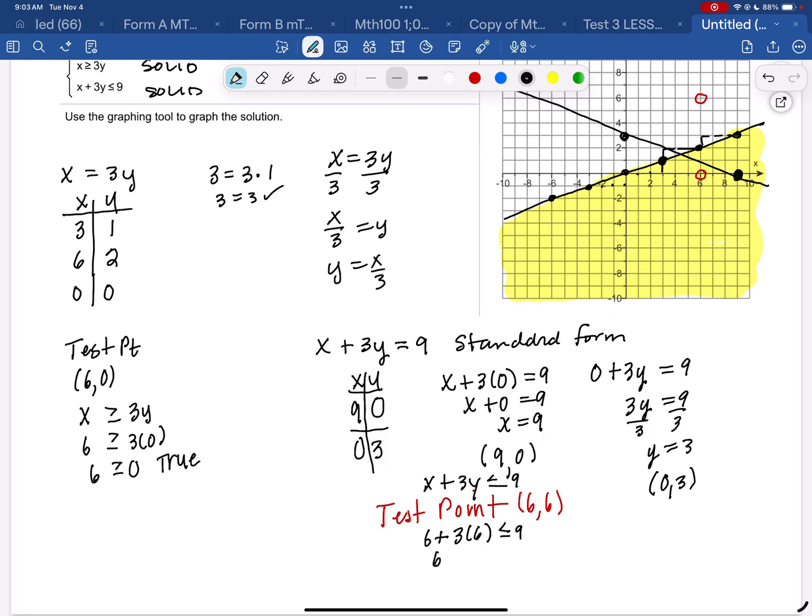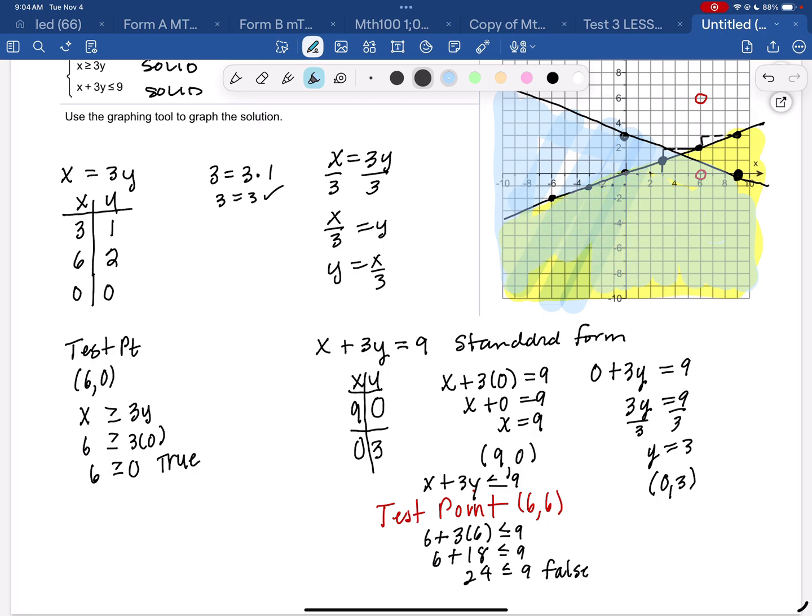So that's 6 plus 18, that's 24, is less, well, that's not true, that's false. So I shade the side without the test point. So I'm going to have to shade below the line this time. So it's all of this and this and this.